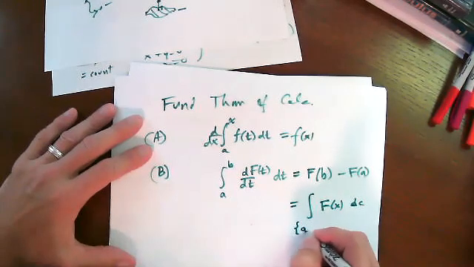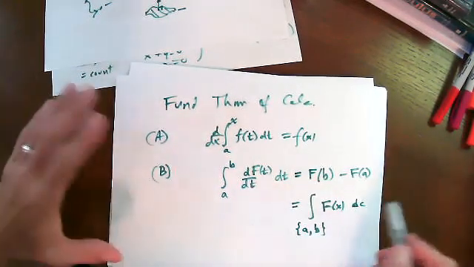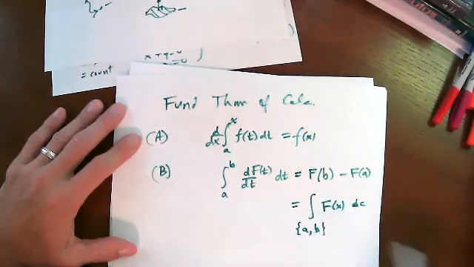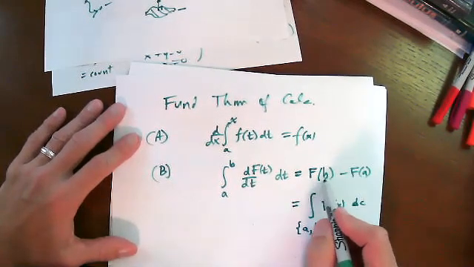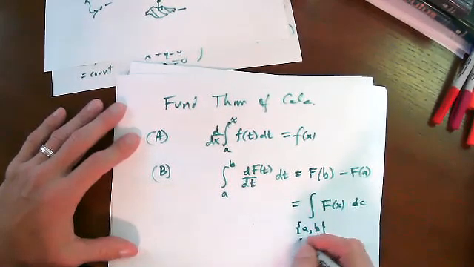You're just integrating over the set that contains only a and b. And apparently, according to the fundamental theorem of calculus, I can make it match what I've talked about before if I remember to give the number b the positive sign and the number a gets the minus sign.